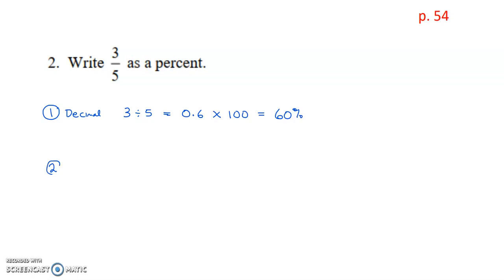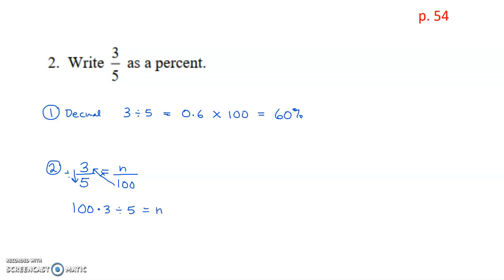Or your second method is to set up a proportion. 3 over 5 is equal to percent over 100. And from there you can cross multiply and divide. 100 times 3 divided by 5 is going to be equal to n.